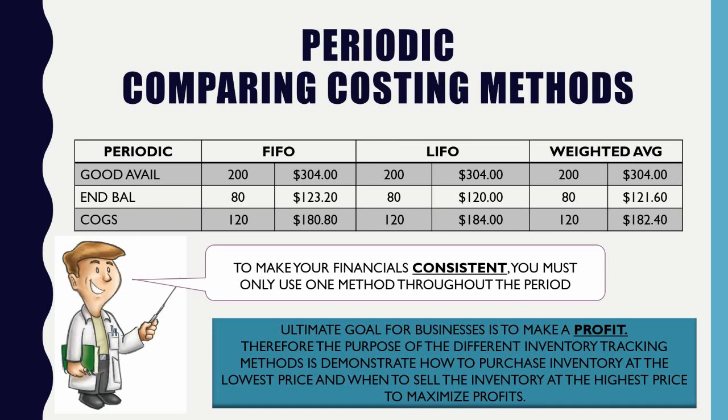So in this case, no, you cannot do that, because it's not going to give you an accurate depiction of your actual cost, okay? However, yes, you can if you feel that you use FIFO for a while and it's just not working for you.